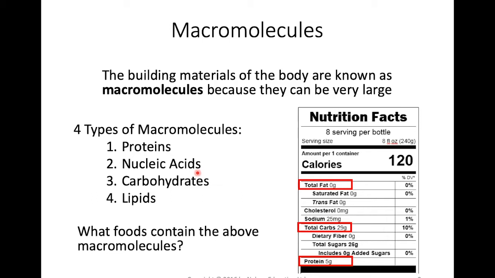Although it doesn't offer us any caloric value, what we are able to do is break down that DNA into its individual monomers, the nucleotides, and then we can use those nucleotides when we are creating our own new cells. So we use those as our own building blocks. So the 4 main macromolecules: proteins, nucleic acids such as DNA and RNA, carbohydrates, and lipids, which are fats. Nucleic acids don't provide us with any caloric value, but we still use the building blocks when we're creating our own new cells.